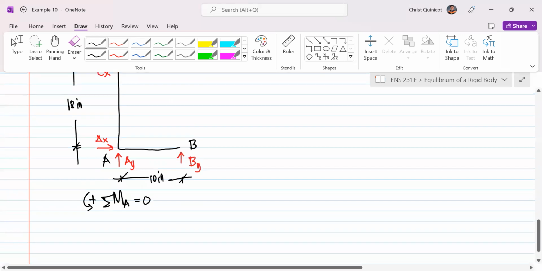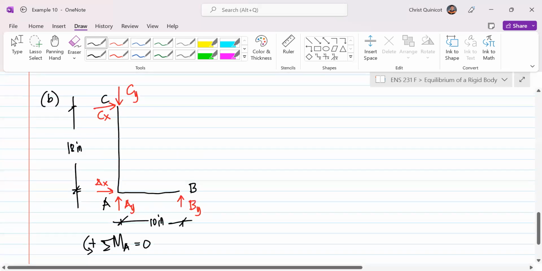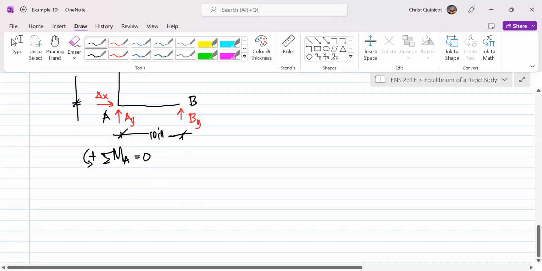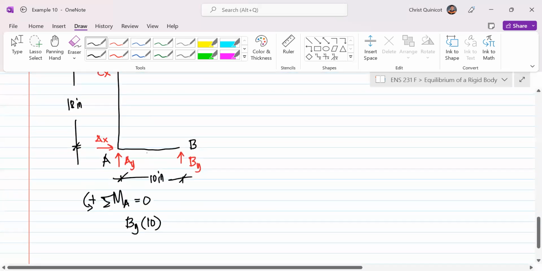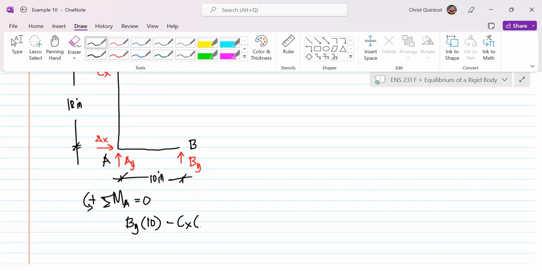Okay, B sub y causes a counterclockwise moment about A, right? So that is positive B sub y times its perpendicular distance, which is 10 inches, and then C sub x is a clockwise moment, so that's C sub x times 18.